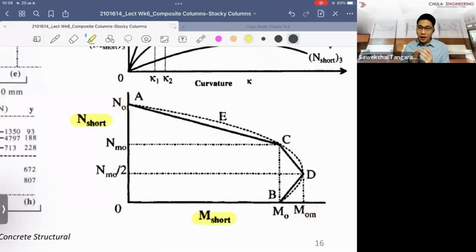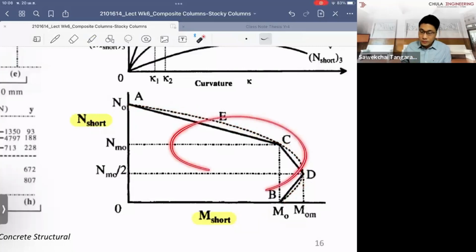Because when there is a combination of the axial force and the bending moment, what is happening is that it will drop the axial force capacity of the column. And the way it drops the capacity is according to a nonlinear diagram. There are two ways that you can calculate these diagrams.